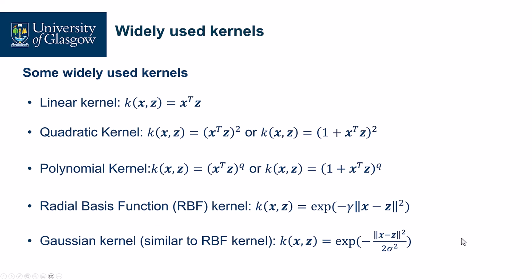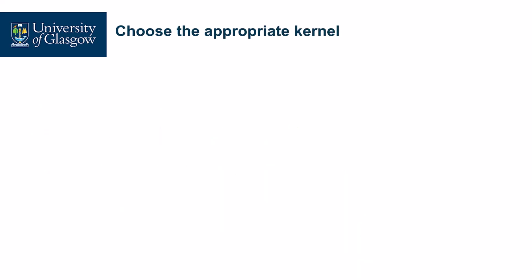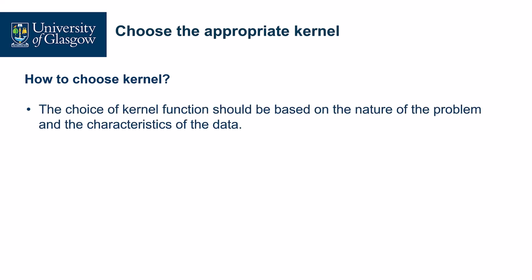When we have these kernel functions, none of them can be applied to all the data and all the problems. Then there is a problem of how to choose the appropriate kernel. The appropriate kernel depends on the characteristics of the data and also the computing complexity.